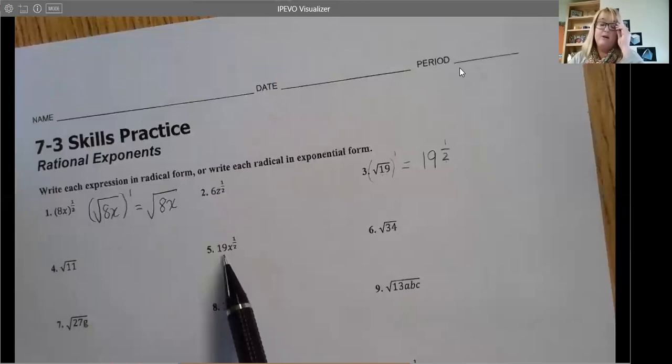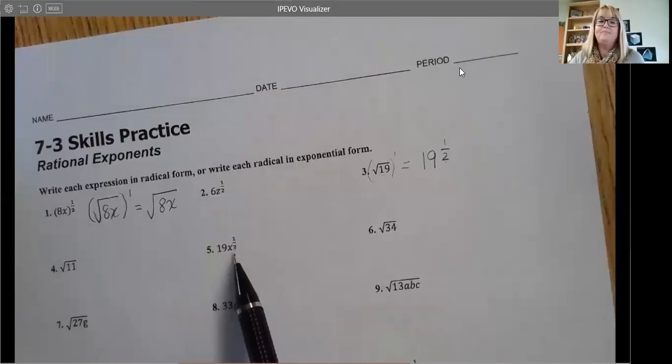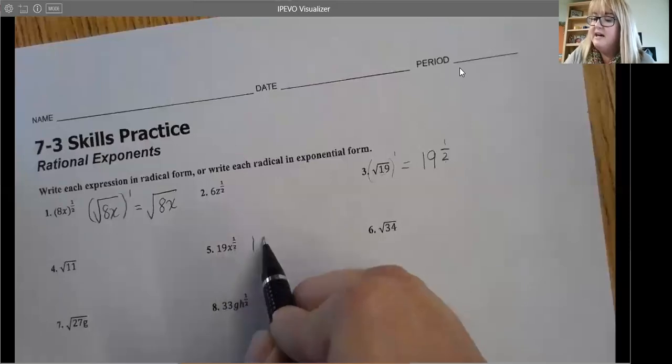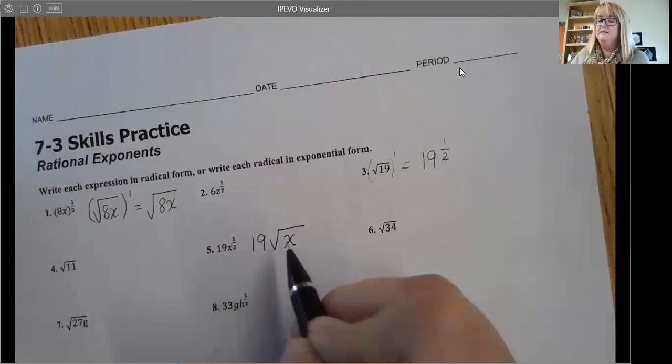X to the 1/2 power, the exponent of 1/2 only goes with the x. It doesn't go with the 19. If it did, there would be parentheses. So this is going to be 19 times x to the 1/2 power. Well, 1/2 power is the square root. So it is going to be 19 times the square root of x.